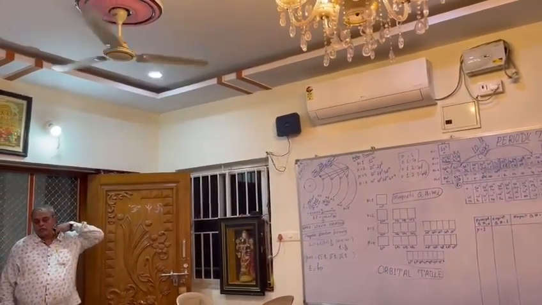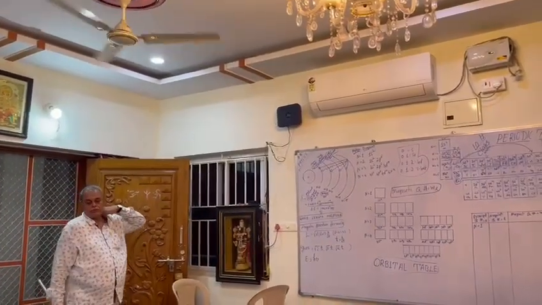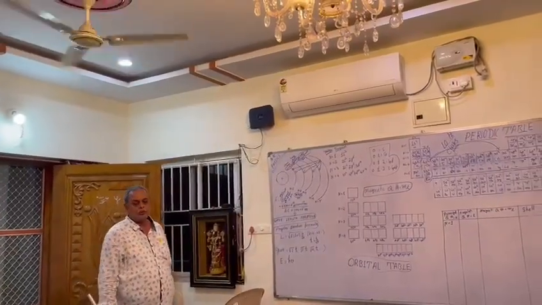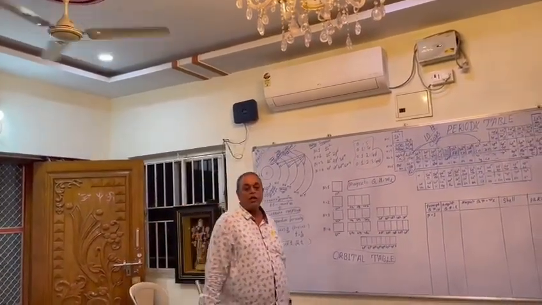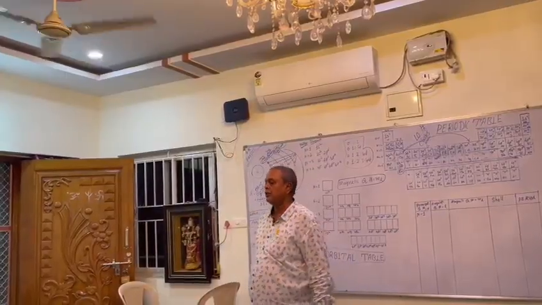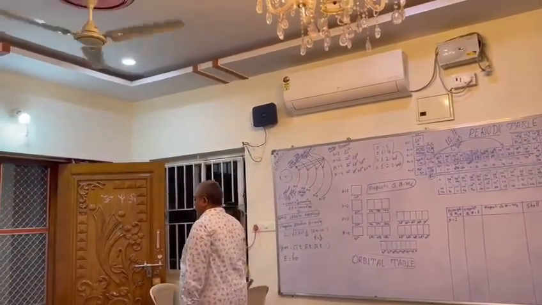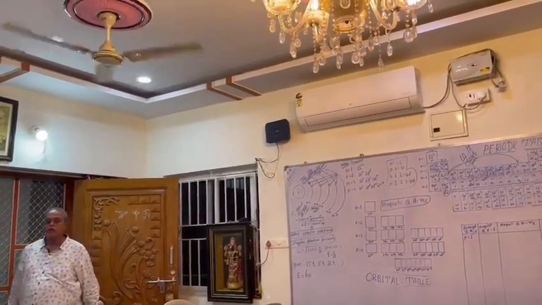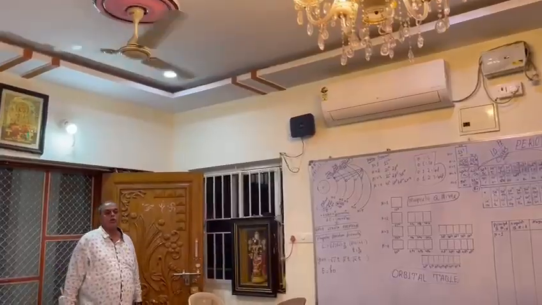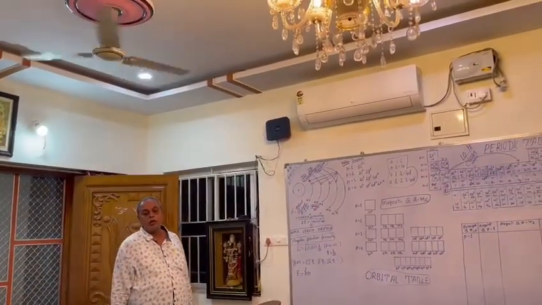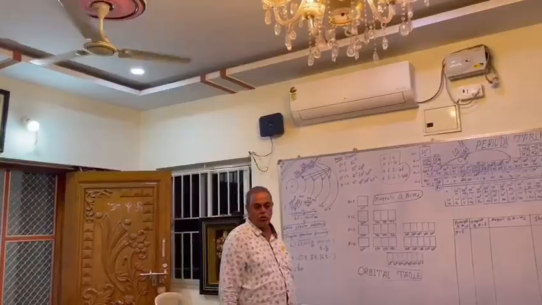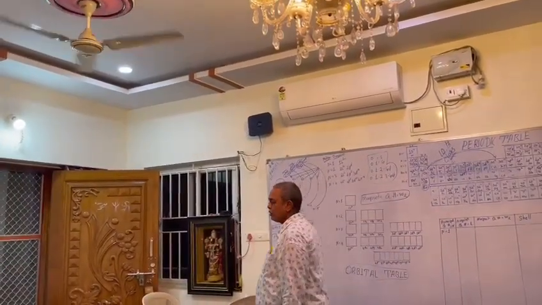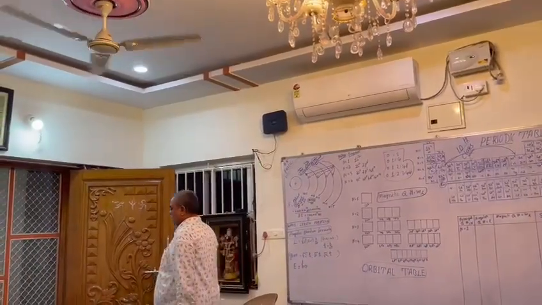And h is the Planck constant, whose value is 6.626 into 10 to the power of minus 34 joule seconds.